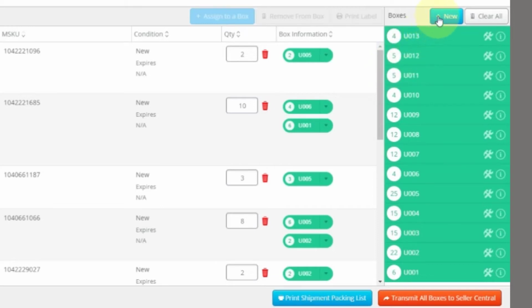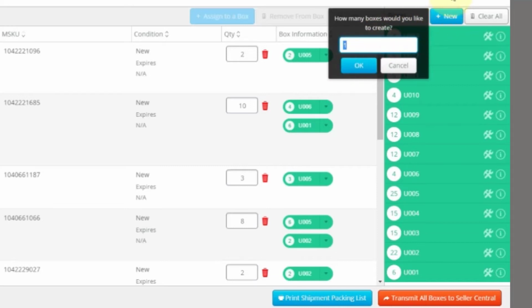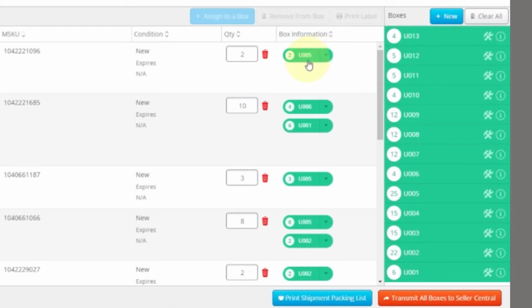What you want to do is, as you are working on a box, add that one box. That way, when you're going to add things to the shipment, it's going to automatically be working on the latest box that you added. Otherwise, you're going to have to go through, like you saw me doing earlier, and choosing what box. So this is just a little tip to maybe make things a little easier for you.